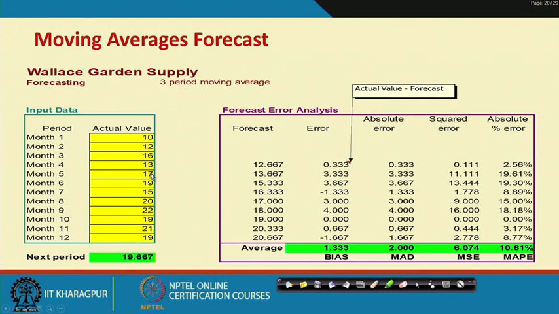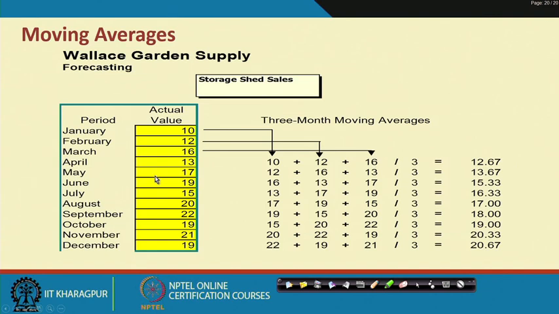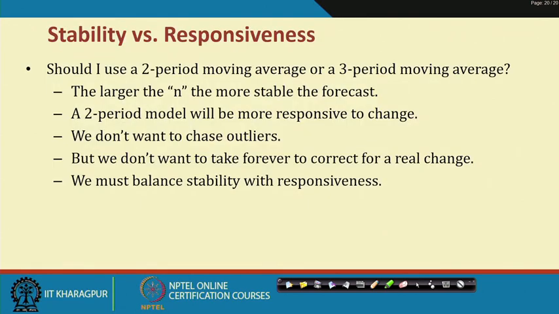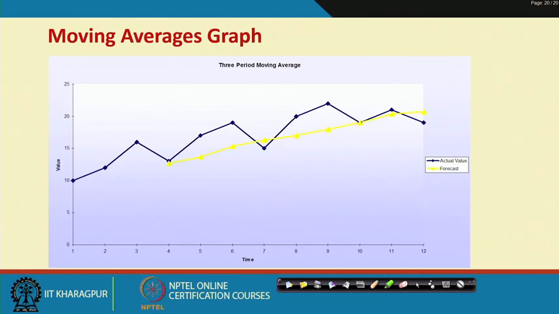Whatever we have discussed earlier, the same things we are putting here: the actual value, then the forecasted value, then we find the error, and then you find different indicators by absolute error, by square errors, absolute error in percentage. These are again similar indicators you can calculate, and again for the best one you must have some alternatives.